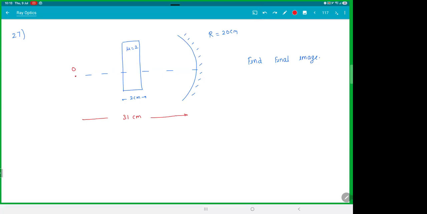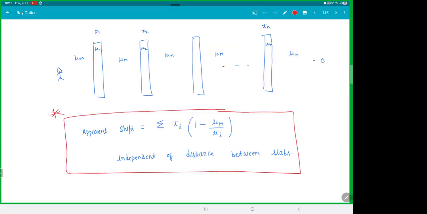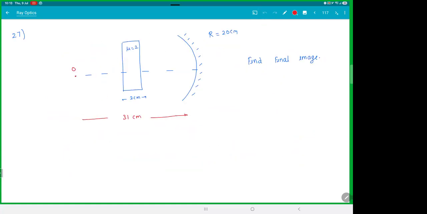And there's no kinematics. What is the formula? This is the formula: T into 1 minus mu medium by mu slab. Here, medium is not given, so it's all vacuum. So when you do it for the slab, don't care about the mirror. When you do it for the mirror, don't care about the slab.